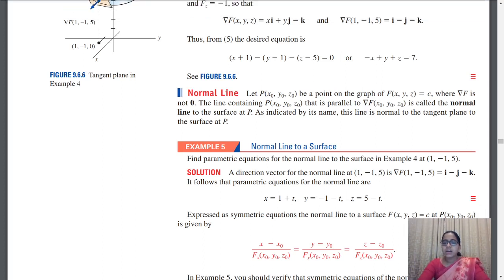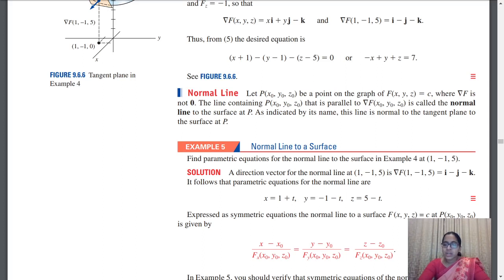We had seen the point given to us is (1, -1, 5), and grad f at that point we had calculated in the previous example to be i - j - k. So the parametric equations would be x = 1 + t, y = -1 - t, and z = 5 - t. So that is the parametric equation for the normal line.